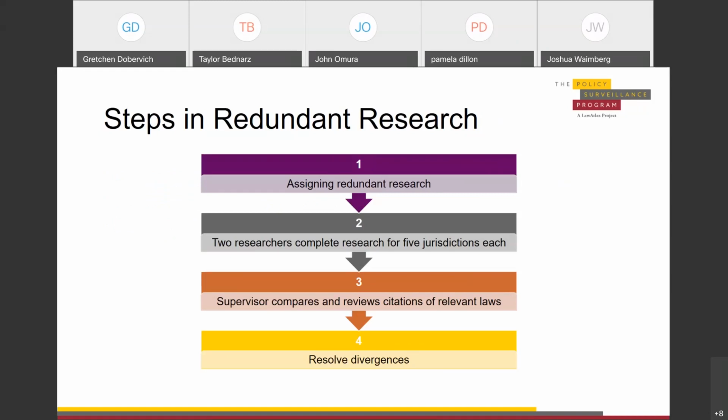Redundant research is done throughout the project from beginning to the end. These two researchers will each complete their research. We will then compare and review their citations for divergences, and then resolve those divergences.